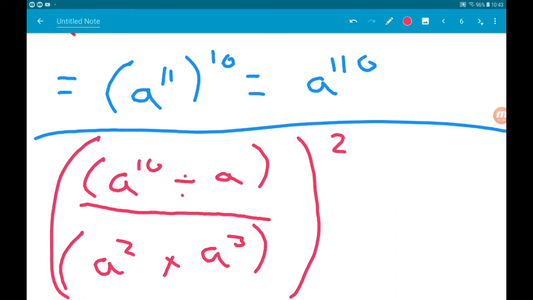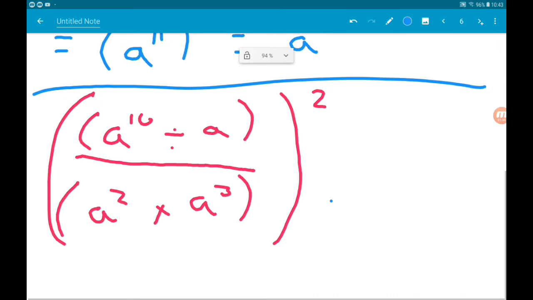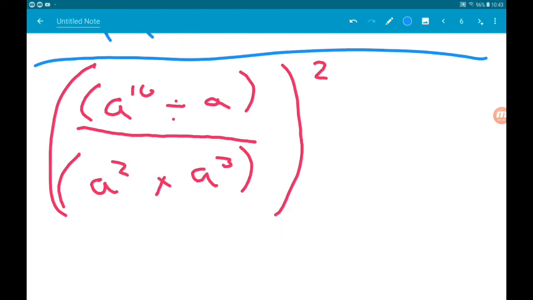Okay. So it looks like a monster, just break it down. So do the stuff inside the brackets on top and bottom first.